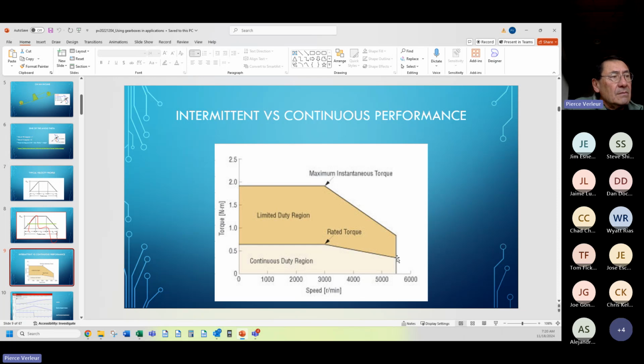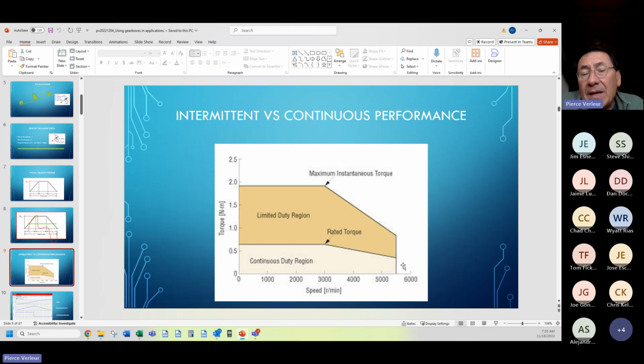This is 1 over n, where n is the ratio of the velocity to the base velocity or rated velocity. This is 1 over n squared. So when you go above the rated speed of a motor, your peak capability drops much faster than your continuous capability. Again, something to keep in mind.